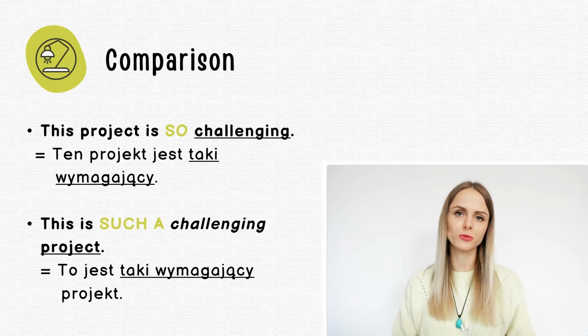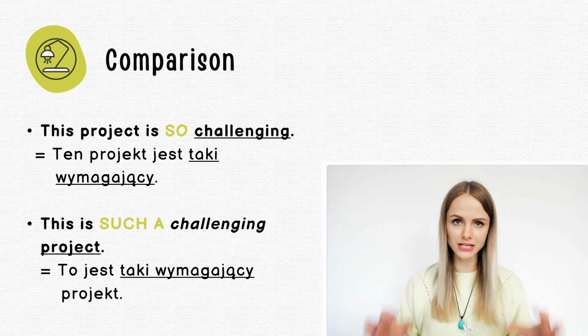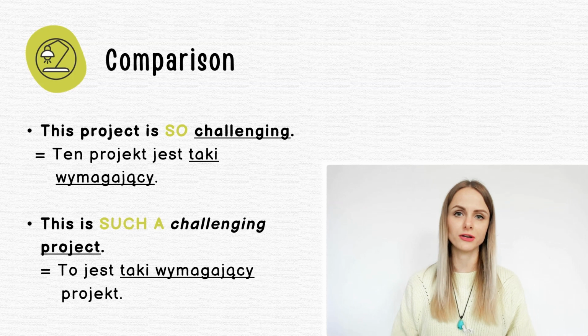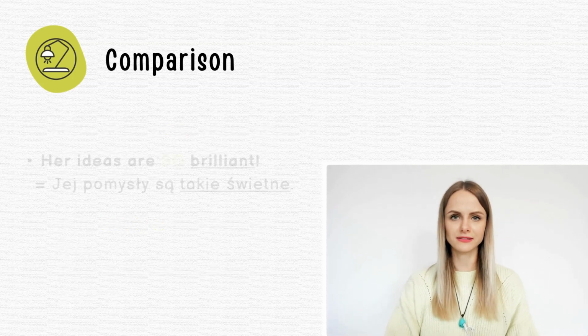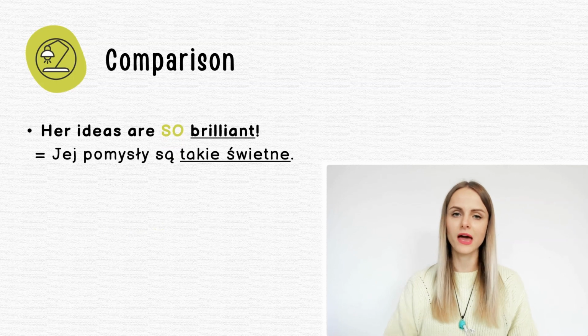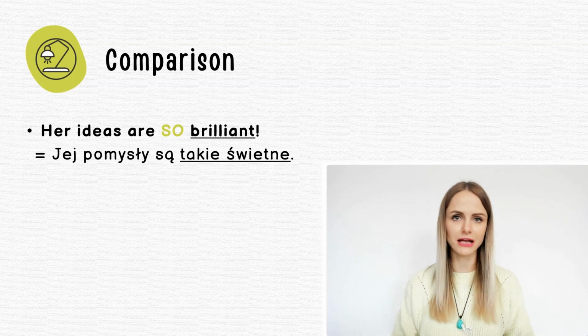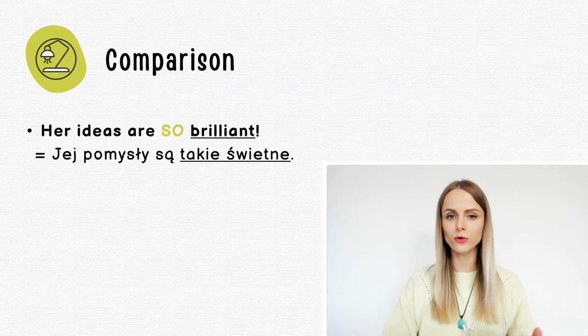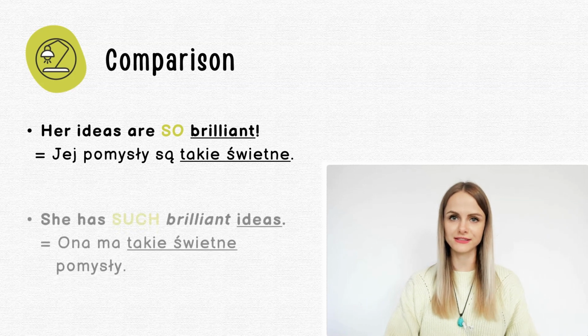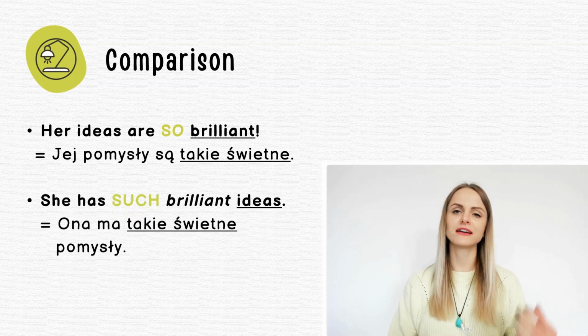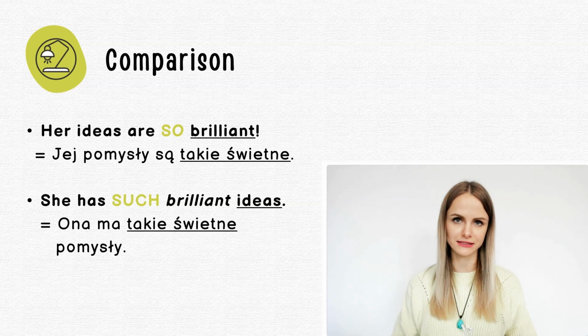So you just need to pay attention whether you have this adjective only or whether you have this noun, okay? Another example, comparison. Her ideas are so brilliant. Brilliant, this is an adjective, there is nothing else here. Her ideas are so brilliant versus she has such brilliant ideas.